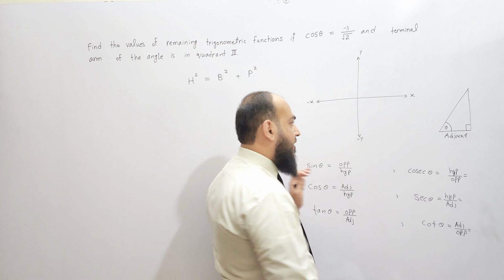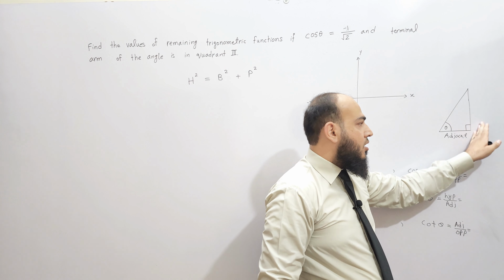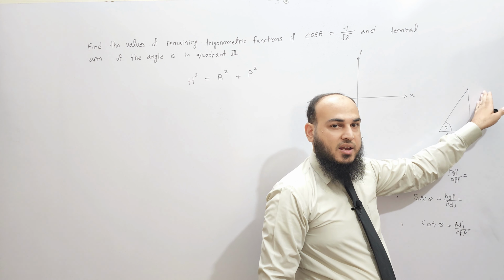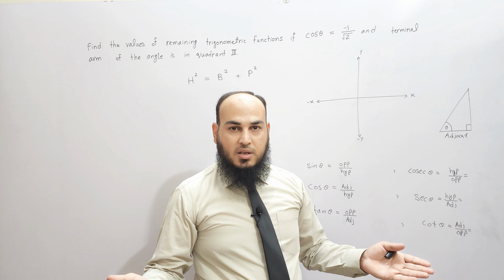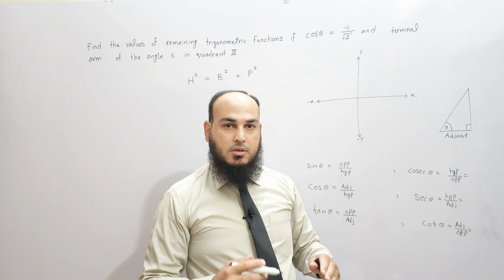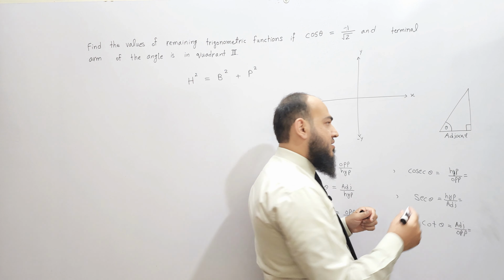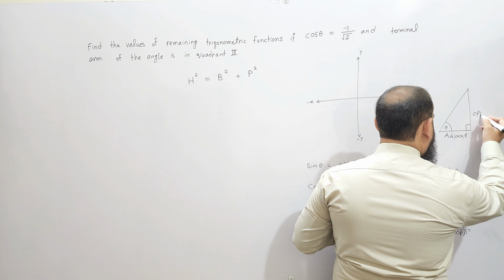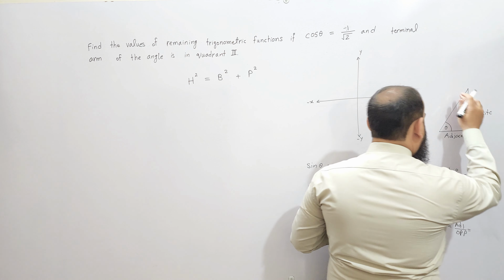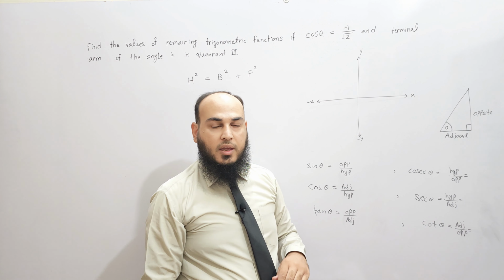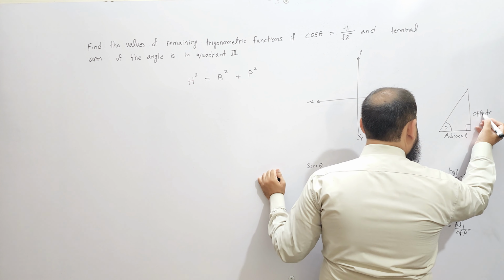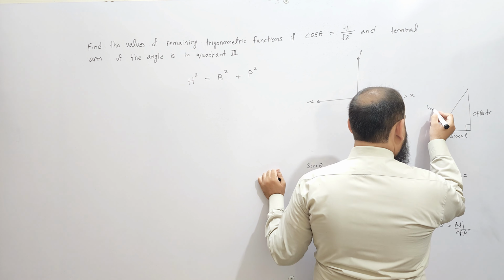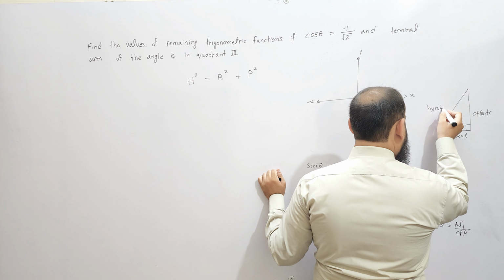And this is perpendicular, this side is opposite to angle theta. That is why this side is known as opposite side. And this slope is known as hypotenuse.